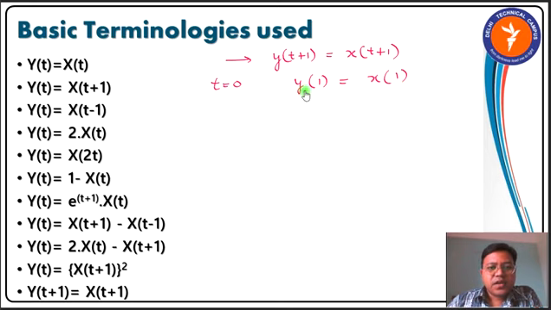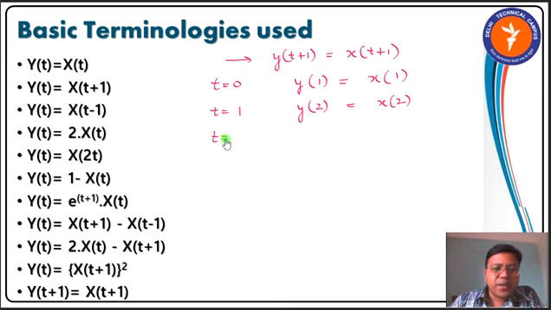This says that the future output will depend upon future input. Similarly, at t equal to 1, y of 2 will be equal to x of 2. Now this says the future output will depend upon future input again. Or if I consider this to be the reference instant, then the present output is depending upon present input. Similarly, in this case, the present output is depending upon present input.